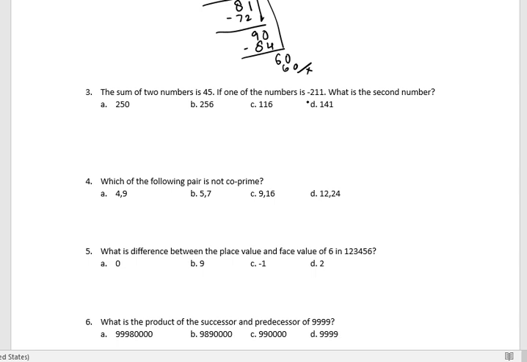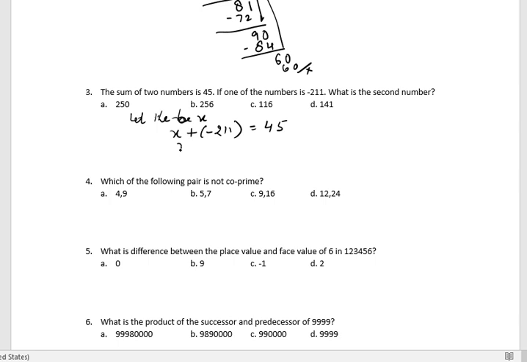The sum of two numbers is given, so let the number be x. Then x plus minus 211 equals 45. This is what is given.